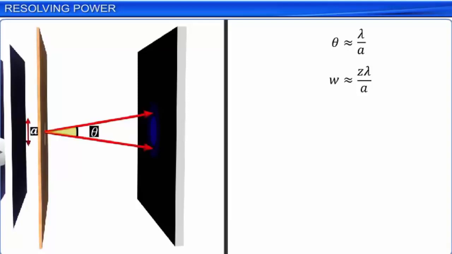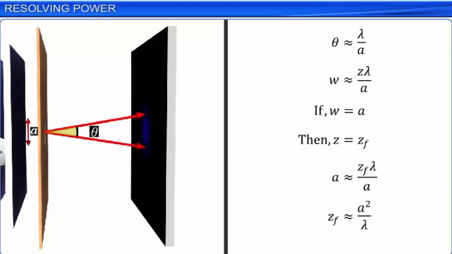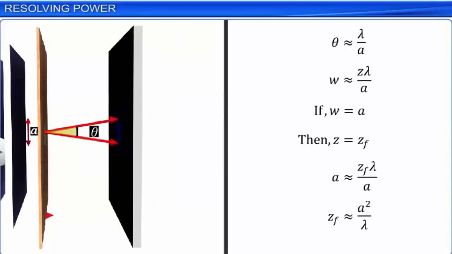Hence, zf is approximately equal to A square by lambda. Hence, for distances smaller than the Fresnel distance, the spreading due to diffraction is also small. But for distances greater than zf, the spreading due to diffraction is considerably large and it dominates the assumptions of ray optics.